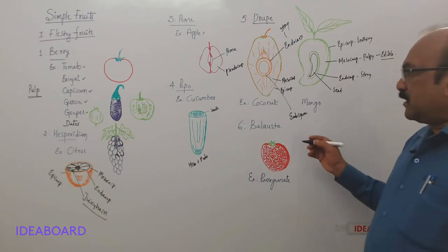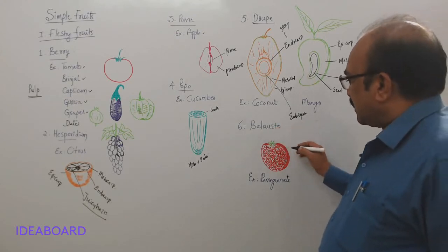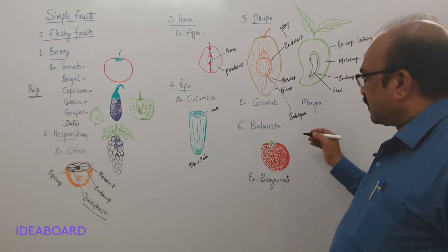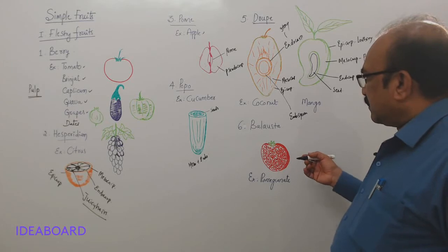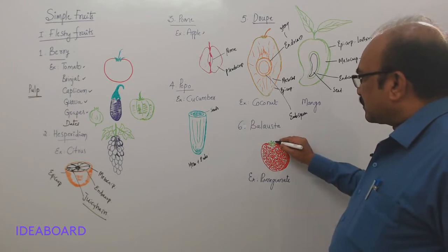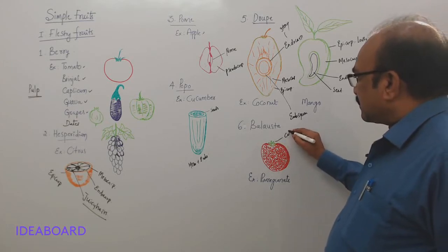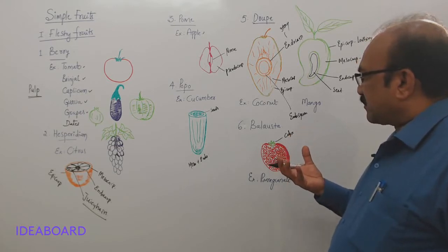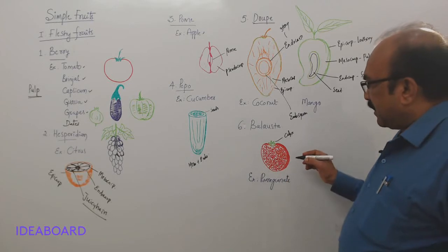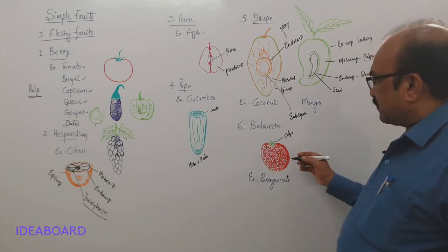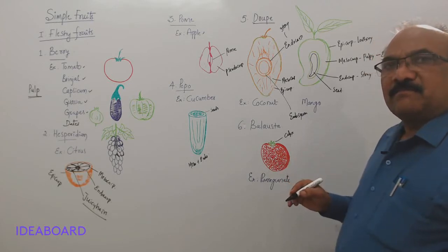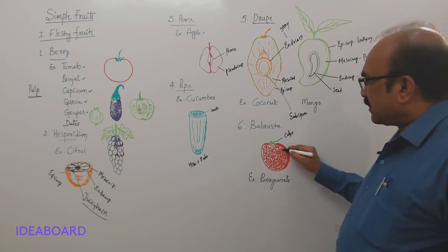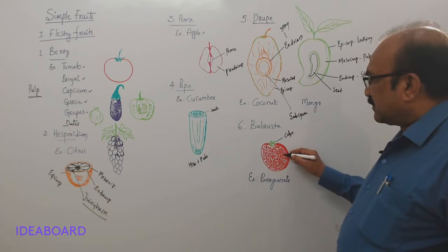And we have balausta, and the example is pomegranate. It develops from a multicarpellary, syncarpous, multilocular, inferior ovary. You will find a persistent calyx even after the formation of the fruit. Whenever we open it, you will find many seeds attached to the placenta.